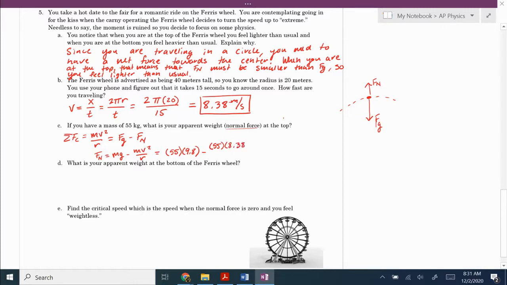We know we're going 8.3 squared divided by 20 meters radius. And that is going to give you a normal force. Normal force is equal to 345.9.